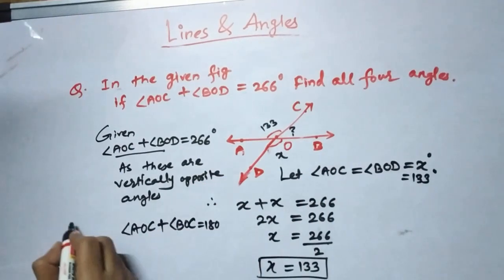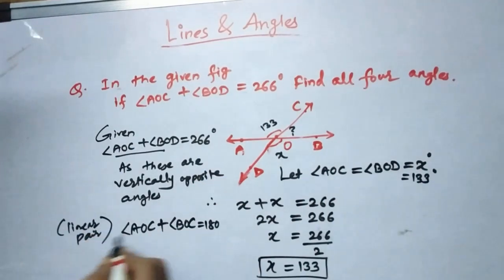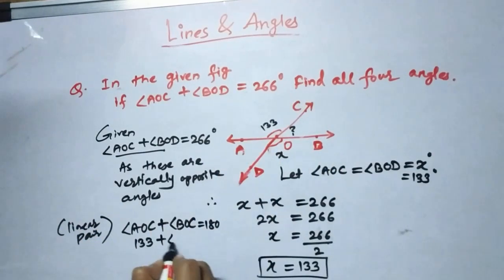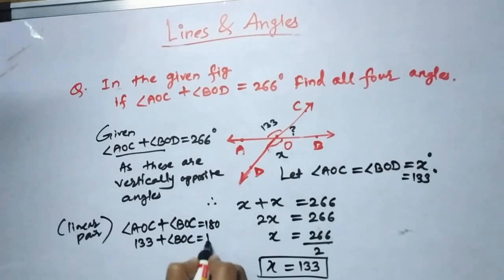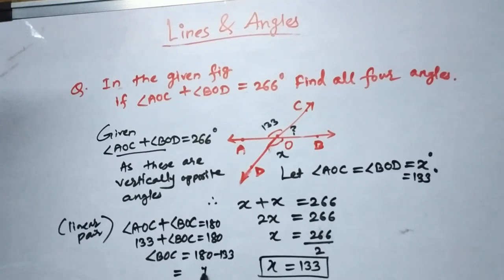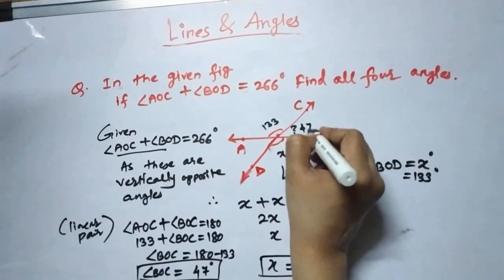So a linear pair is what? 180 degrees. AOC we just got as 133, plus angle BOC we need to find out. So we'll solve this equation. BOC is equal to what? 180 minus 133. So friends, just solve this. 47 degrees. So friends, it is 47 degrees.